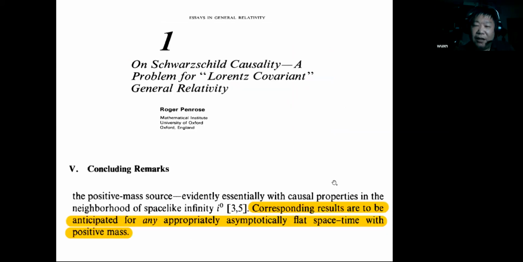In a very short essay written by Roger Penrose in 1980, he gave these observations and then made the conjecture that such behavior or phenomena will appear in a very general case for asymptotically flat space-times with positive mass.